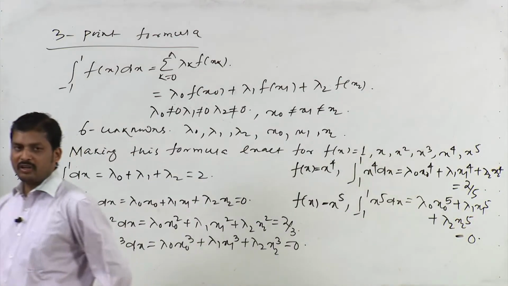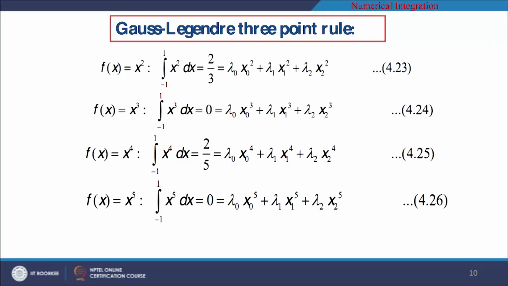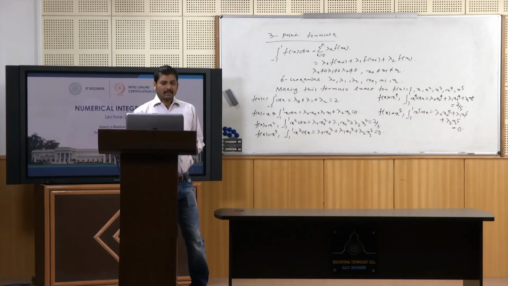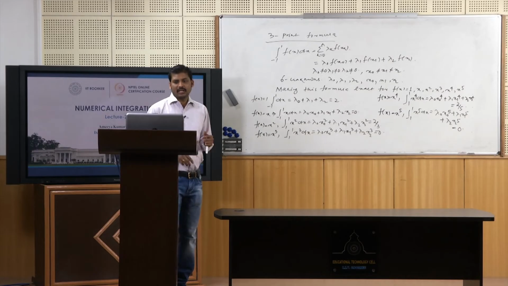So if you solve these 6 equations for 6 unknowns, then we can obtain these coefficients: lambda 0, lambda 1, lambda 2 and x 0, x 1 and x 2 here.